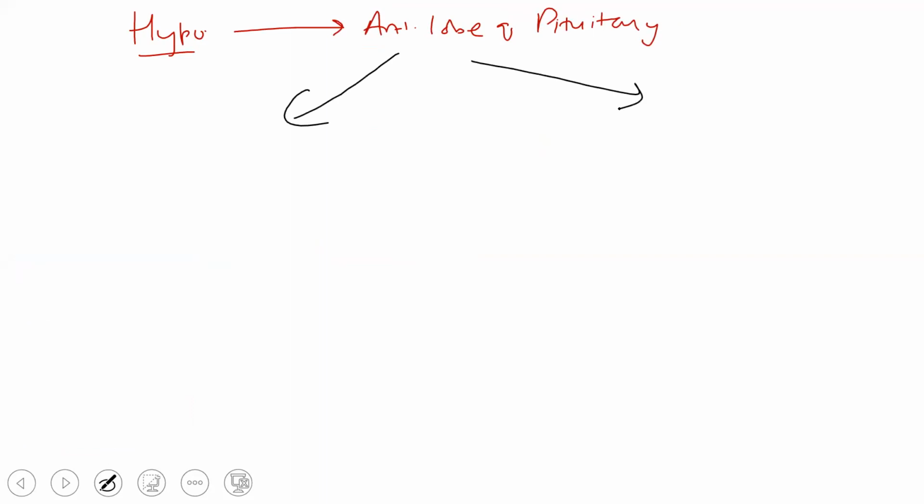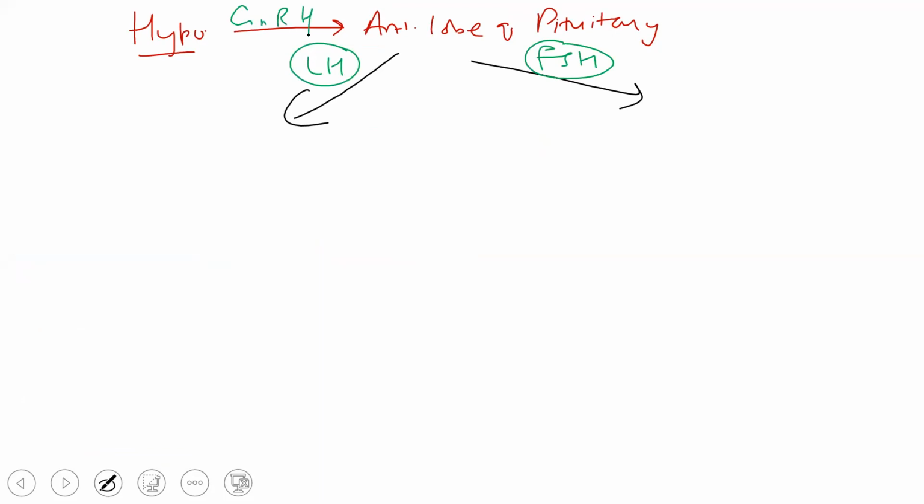As I had talked to you, there is the hypothalamus, which affects the anterior lobe of the pituitary, and then the pituitary releases two different hormones, LH and FSH.